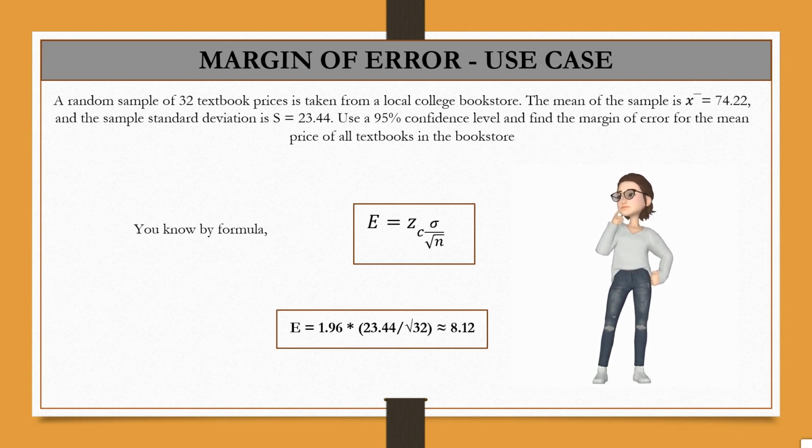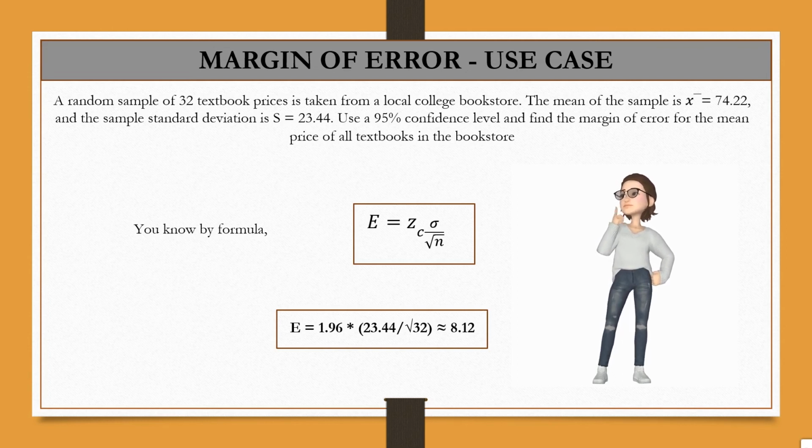Use a 95% confidence level and find the margin of error for the mean price of all textbooks in the bookstore. Now, this is a very straightforward question. If you want, you can read the question again. All you have to do is substitute the values into the equation.